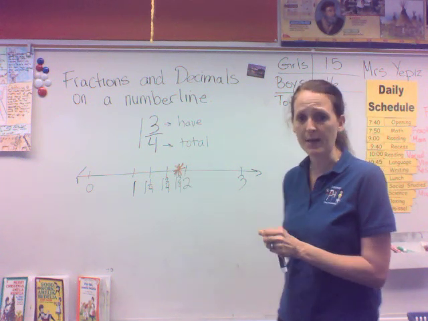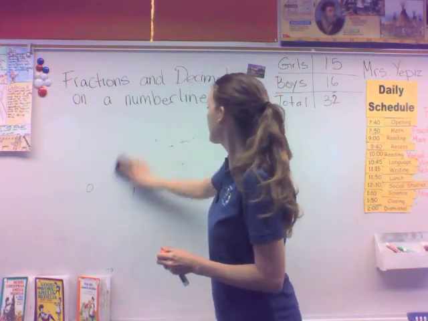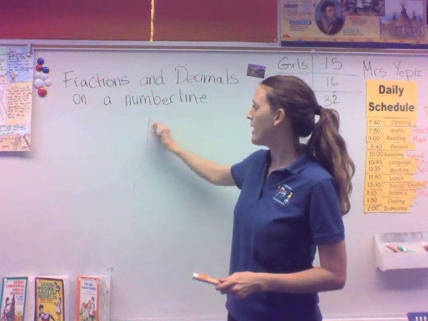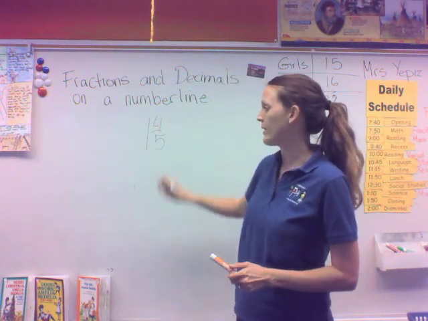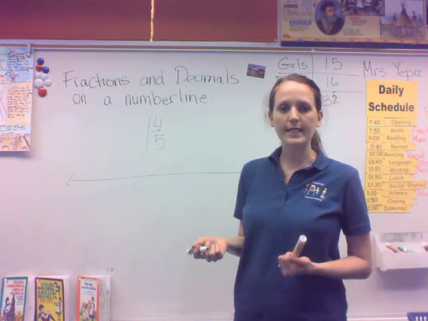I'm going to go through another example of that. What if you were asked to put 1 4/5 on a number line? First thing that you ask yourself, what does it exist in between?